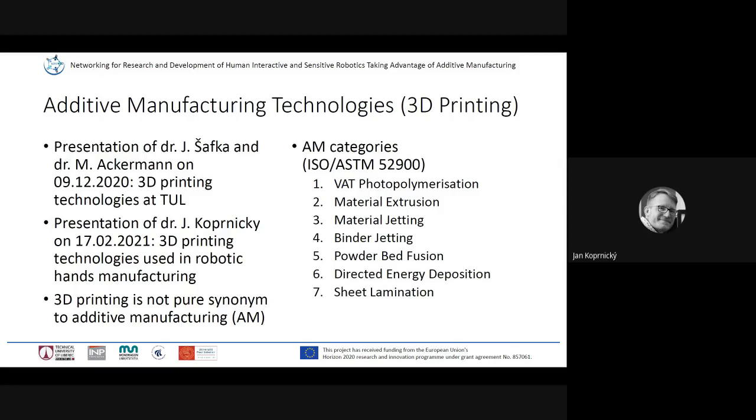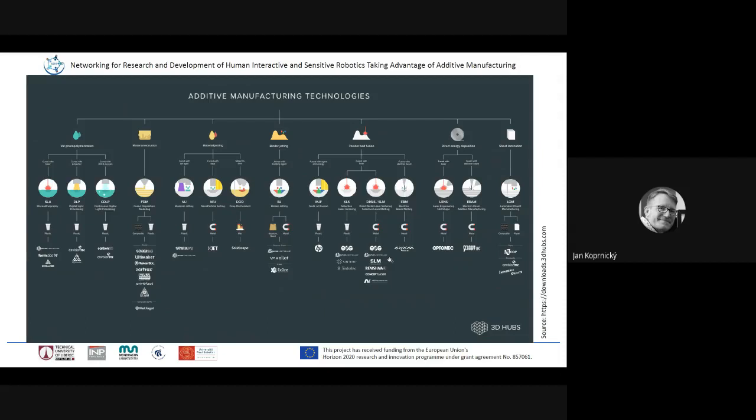As you see, it's already standardized by an ISO standard, and it's divided into 7 categories, which are very nicely presented here on this picture. And probably all of you know these abbreviations, SLA, DLP, or FDM, which is more popular than these basic groups like photopolymerization, material extrusion, material jetting, binder jetting, and so on.